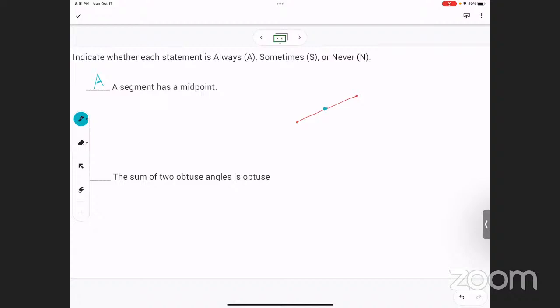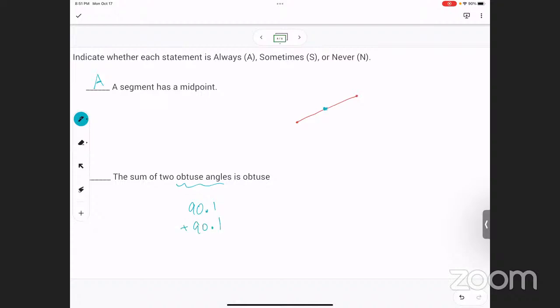The next one says the sum of two obtuse angles is obtuse. So think of an example. What is an obtuse angle? Angle over 90 degrees. Good. So let's take the two smallest ones we can find. How about 90.1? Is that obtuse? Yeah. Plus 90.1.